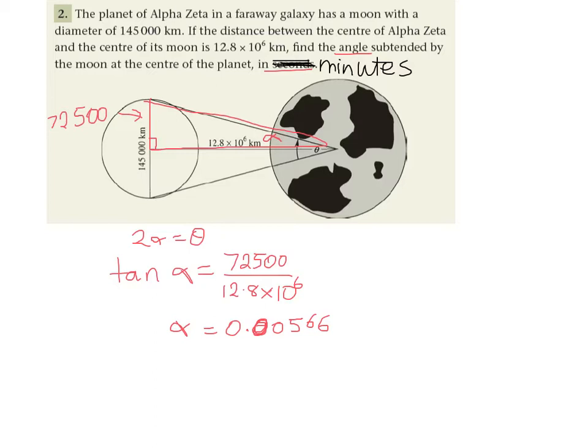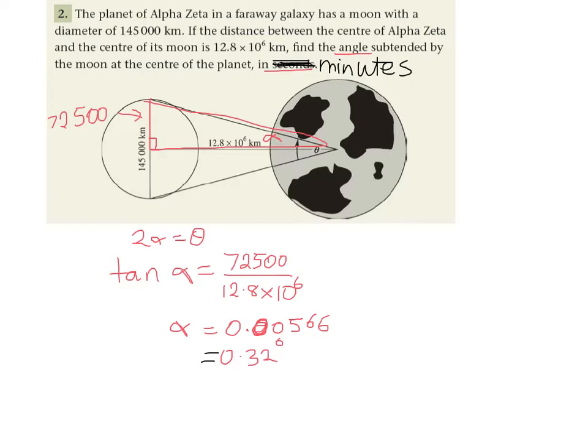Alright, so if our answer for alpha here is in radians, how do we convert radians to degrees? Well, we multiply by 180 on pi. So in degrees, 0.0056 is going to equal 0.3245 degrees.